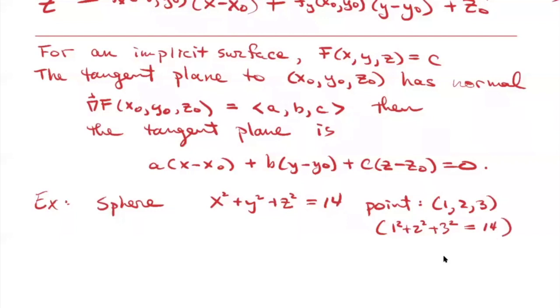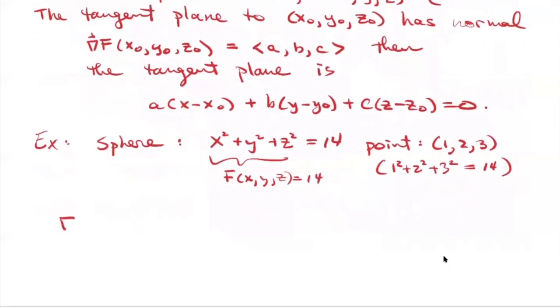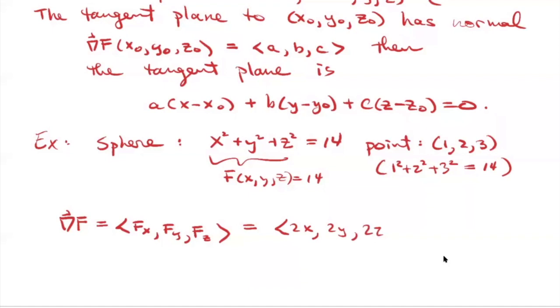So we know that this point is on the sphere. Okay, my big F of x, y, z equals 14. The gradient of F has components Fx, Fy, and Fz, which will just be 2x, 2y, 2z.